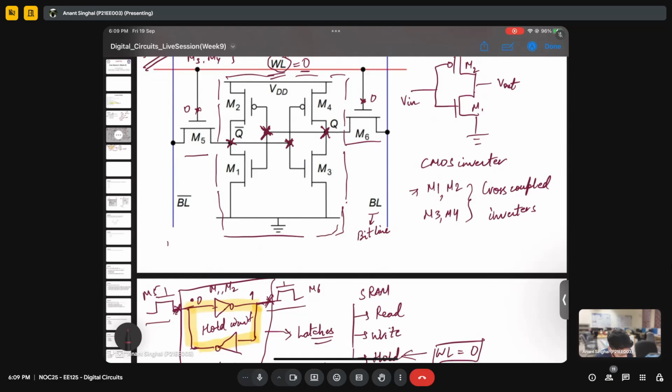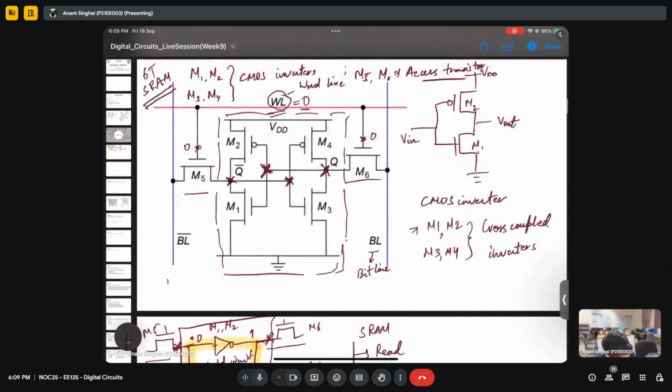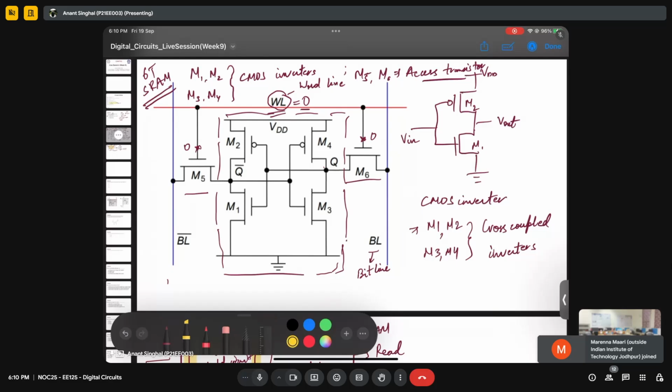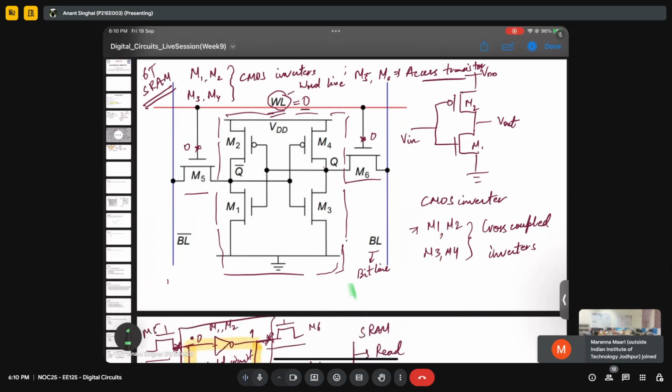Sir, where is the connection between the M1 M2 inverter and the M4 M3 inverter? This connection is there, right? The crosses that I made, maybe if you see this. If you see, this is the input of M1 and M2, this green dot, and it is connected to the output of M3 M4.